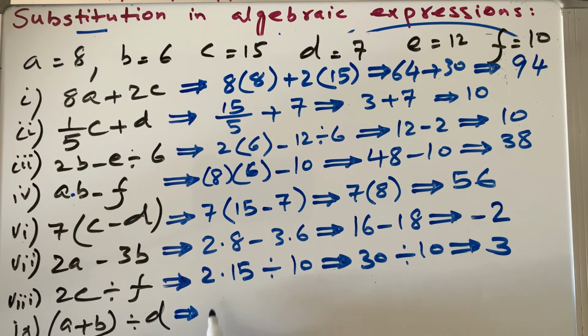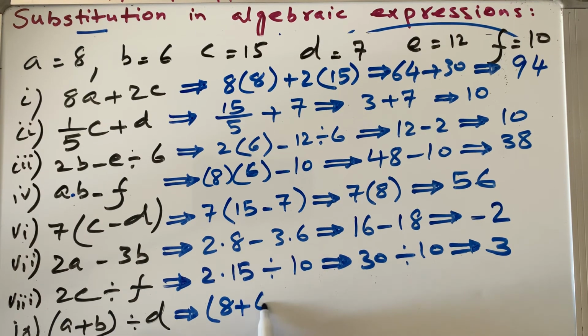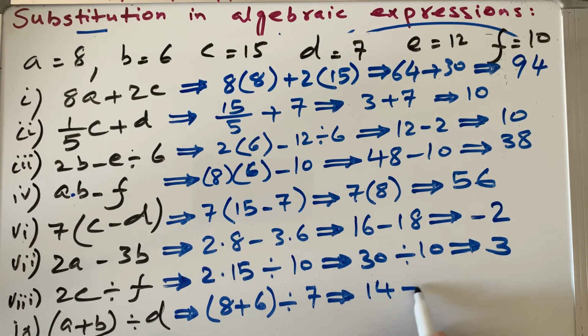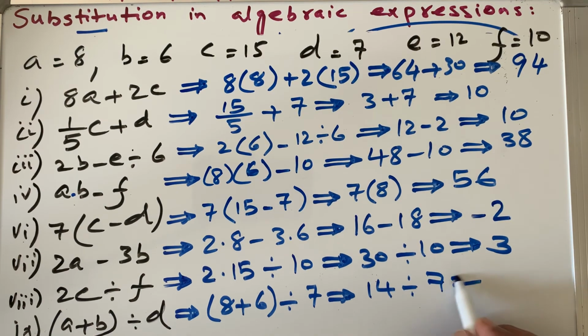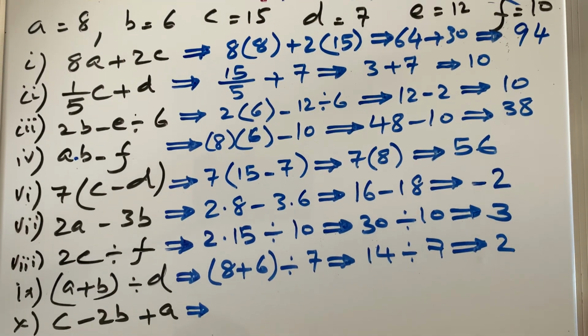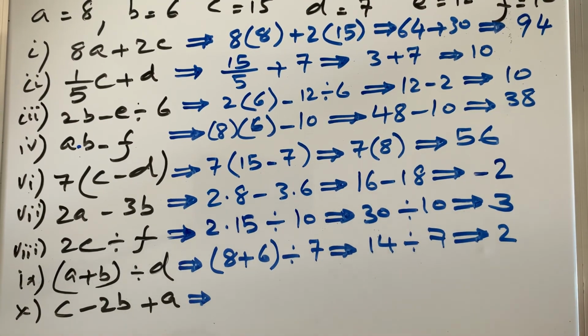So this one, in the bracket you have a is 8 plus b, b is 6, divided by d, what is d? D is 7. So in the bracket 8 plus 6 is 14, divided by 7, and you got your answer as 2.